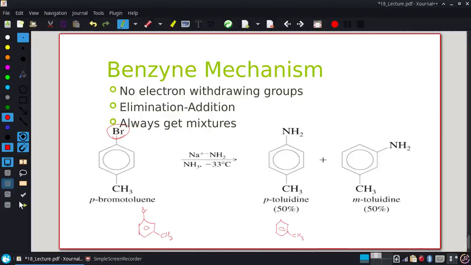Because I could have put that NH2 there. I could have done this, or I move it over. But we also have, I'll put it over here because that's kind of where it fits. That NH2 could have been here. So it's going to be exactly where the bromine is or in one of these adjacent positions.